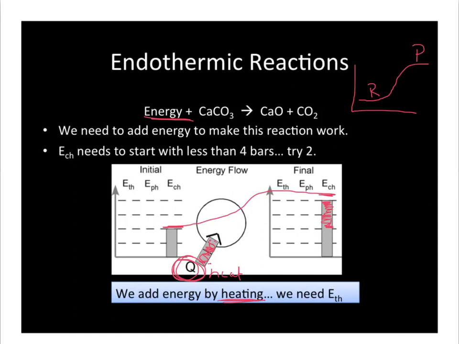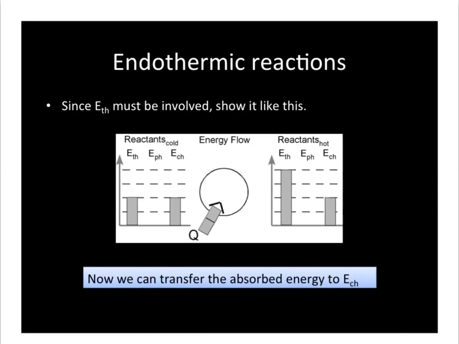So again, we have to use the ETH. So what we do first is we have this room temperature sample. And we add heat to it. So these bars are these 2 right here. So we've added heat to the sample.